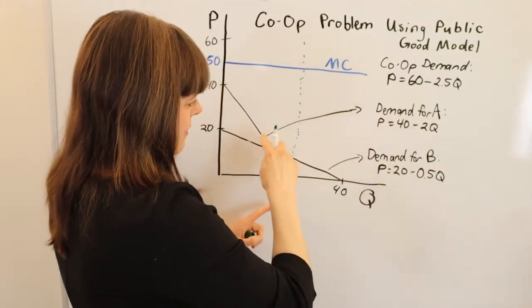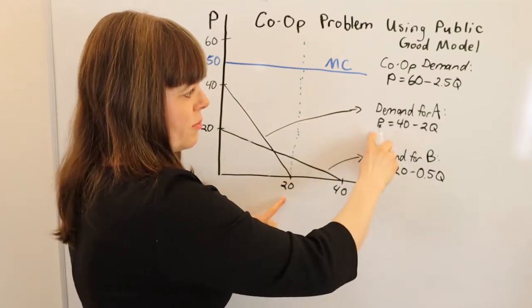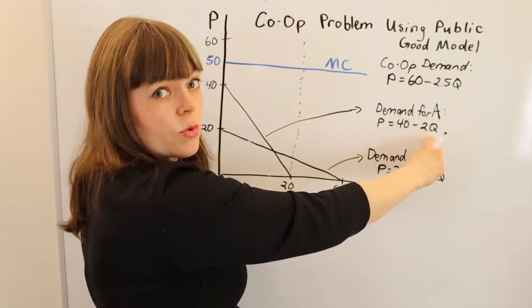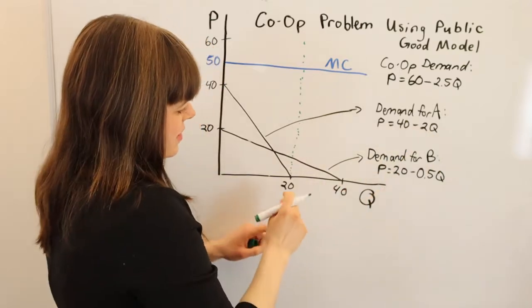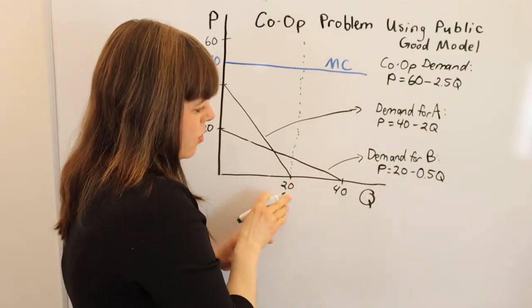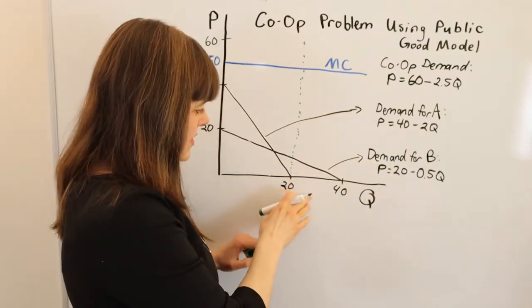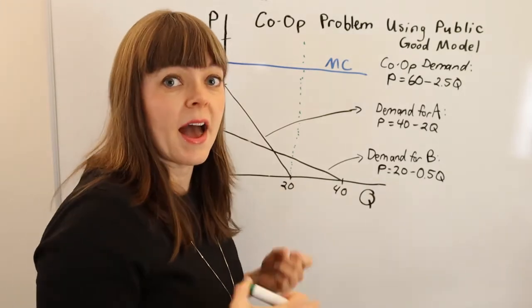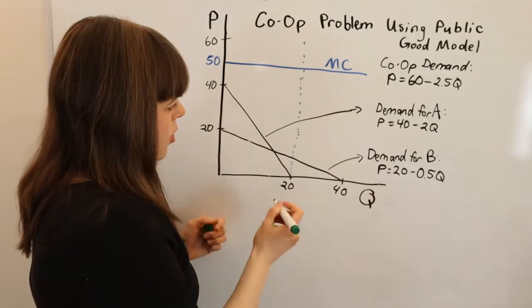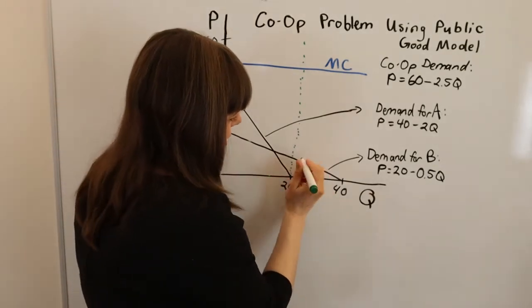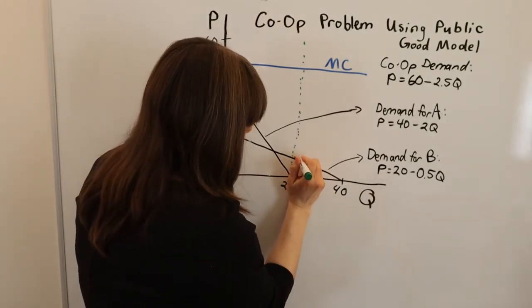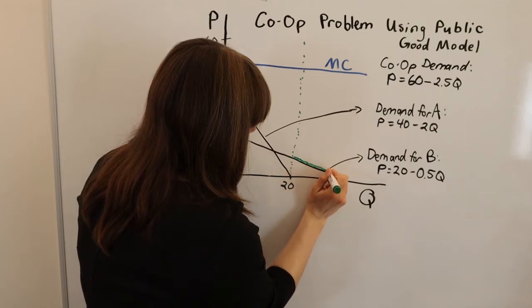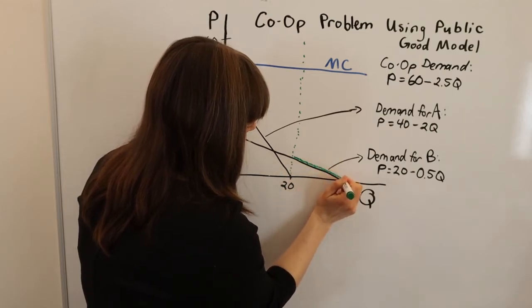And that's going to be, for firm A, that's going to be 20, so plug 0 in there. 20 is the right number for this. So we know that for quantities above 20, the firm is no longer willing to pay at all for those. So we know that above 20, the only demand left is the demand that's coming from firm B.